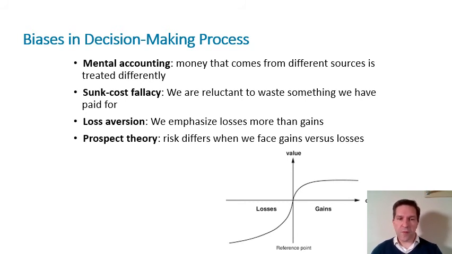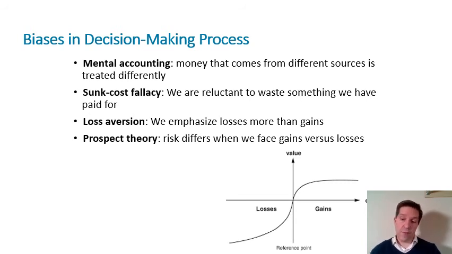So what do I mean by framing? By framing, I mean how the choice is described to consumers will affect the choice that they make. For example, one thing that we have discovered over the last 50 years is this idea of loss aversion. Loss aversion means that in our minds, losses loom larger than gains.